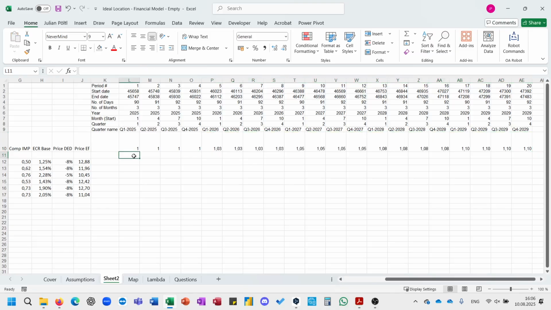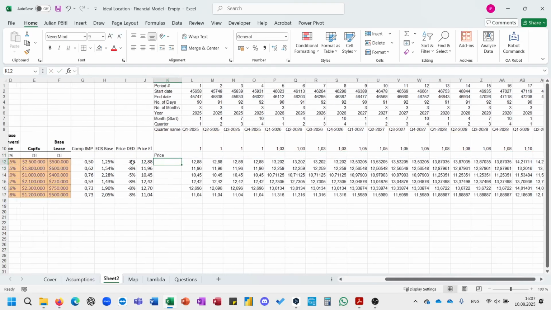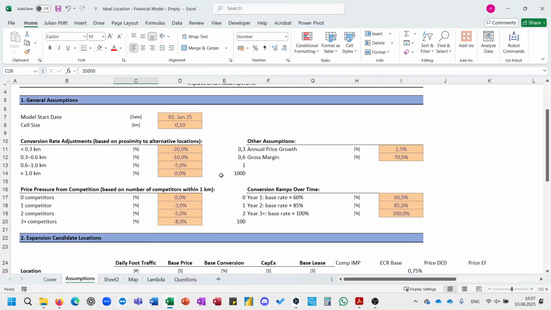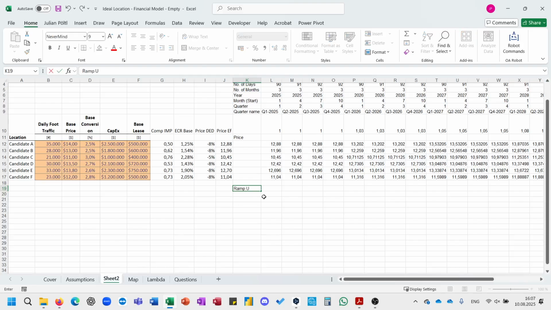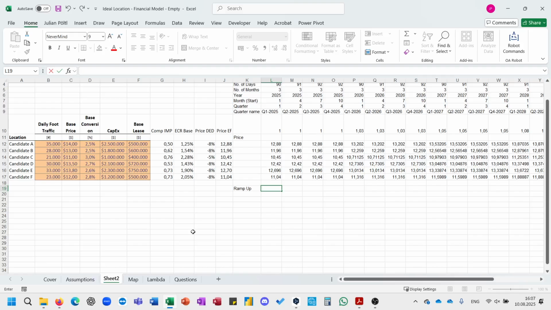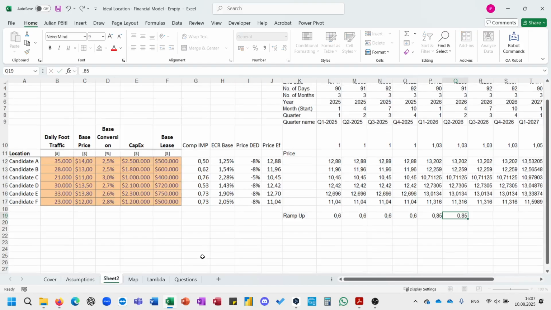This is then price. And if we use the dynamic arrays, we have our price per quarter and the ramp up is 0.6, 0.8, and 1. 0.6, 0.6, 0.85. Is it 85? Yeah. And then it's 1.